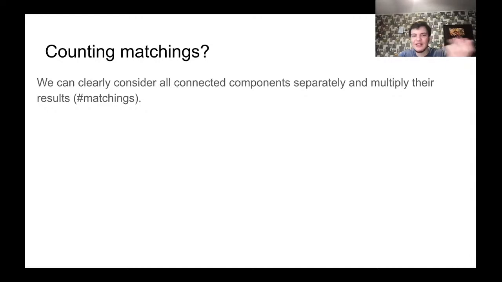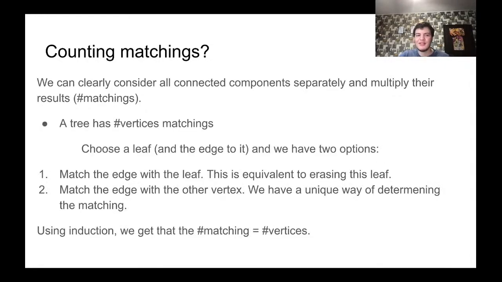Now let's see what will happen when we have a tree. The first observation is that if we have a tree, the number of possible matchings is equal to the number of vertices in this tree. And this is pretty neat, because again, we use the construction I mentioned with choosing a leaf and the edge to it. We have two options for the direction that goes to this leaf.